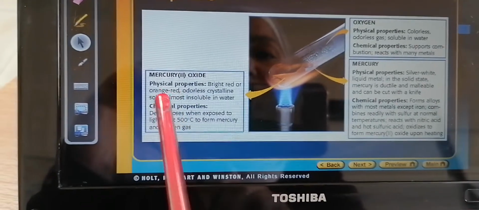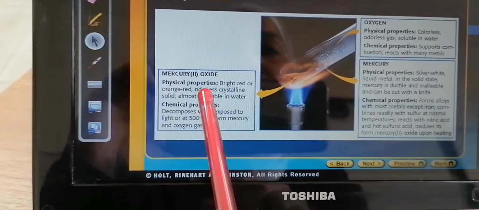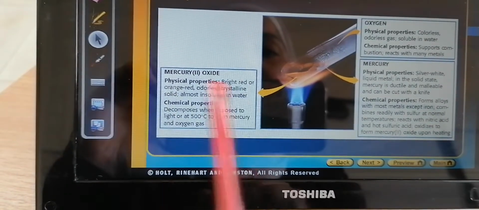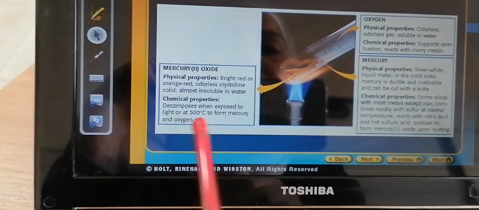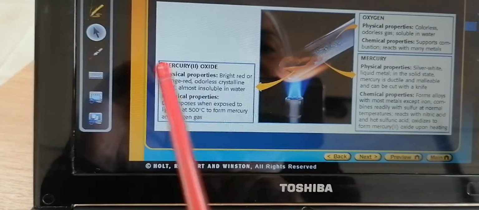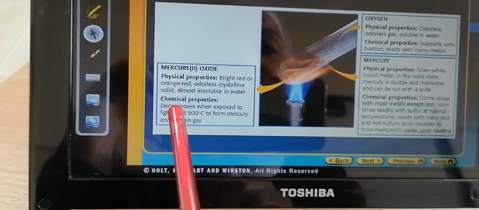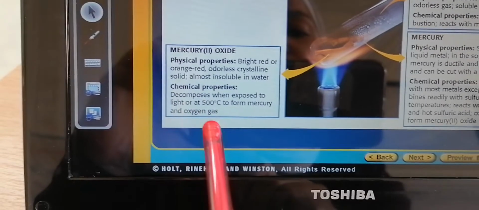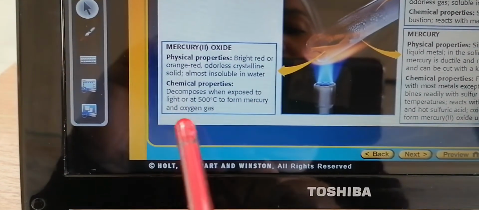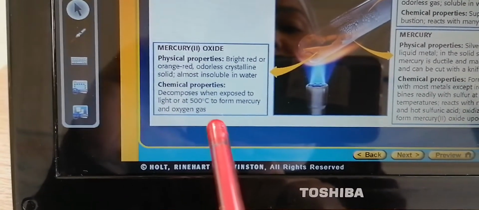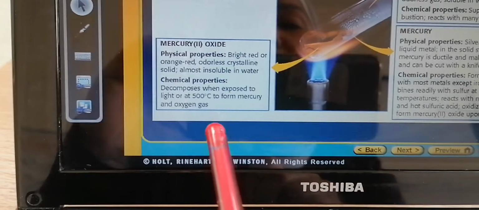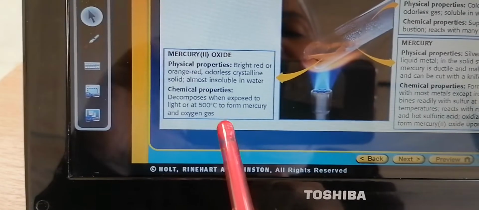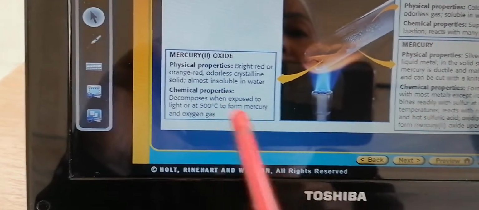So over here, they're giving you an example. Mercury oxide, physical properties are bright, red, odorless, crystalline solid, almost insoluble in water. All these descriptions are physical. The chemical property is when I say that it decomposes when exposed to light or at 500 degrees Celsius to form mercury and oxygen gas. So its ability to react is its chemical property.